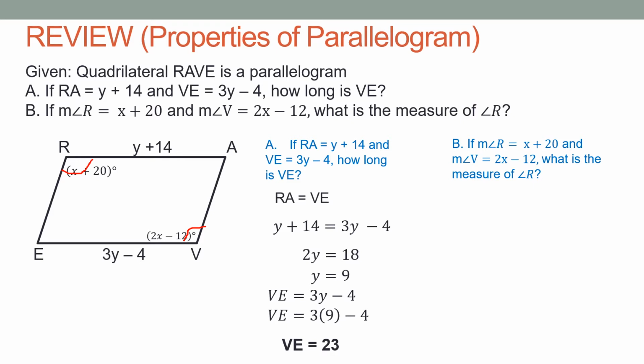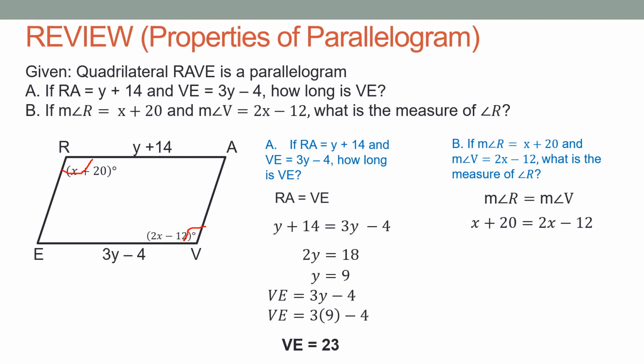Opposite angles of a parallelogram are also congruent. So, measure of angle R equals measure of angle B. X plus 20 equals 2x minus 12.